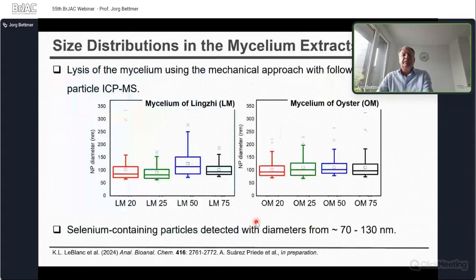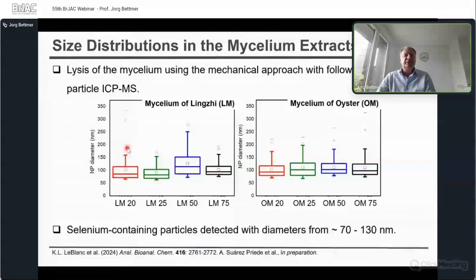Okay, the results we observed, and this is a lysis of the mycelium, because in all the other parts of the mushroom we haven't found any particles, are as the following. Here is the mycelium of the Lingzhi, independent of the incubation concentration, so here between 20 milligrams per liter up to 75 milligrams per liter.